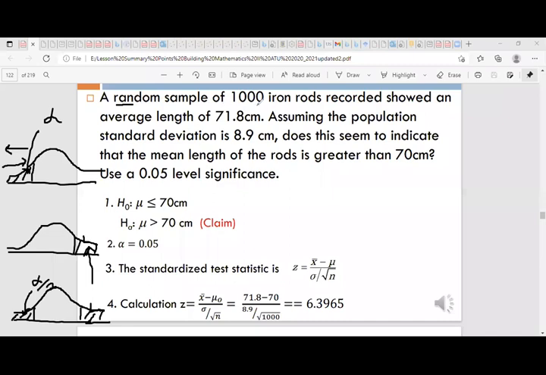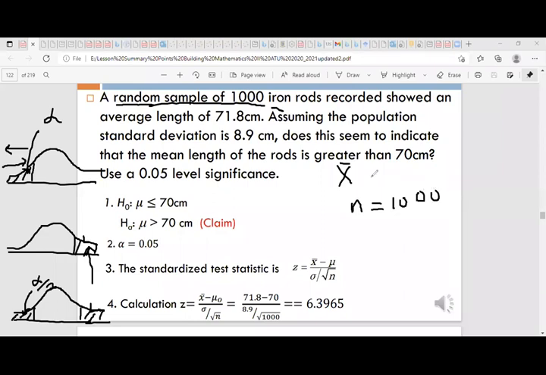So that is your sample. Do you understand? So the 71.8 you are seeing here is what? Your sample mean, which is X bar. So your random sample of 1,000, your sample size was 1,000 iron rods.